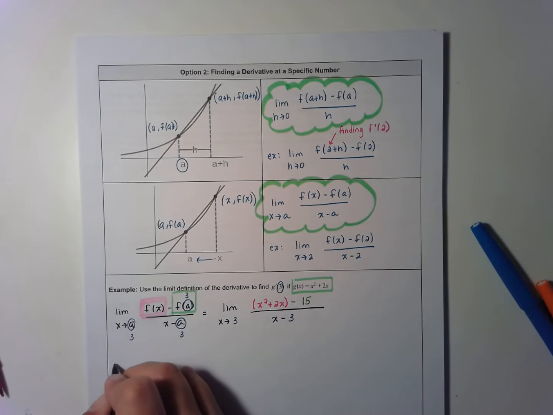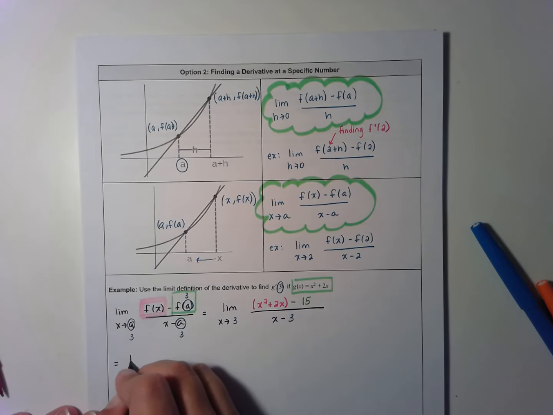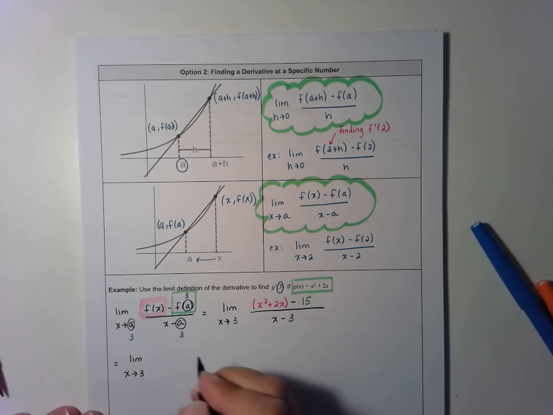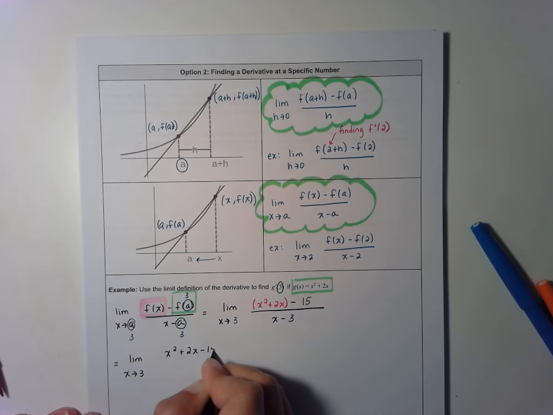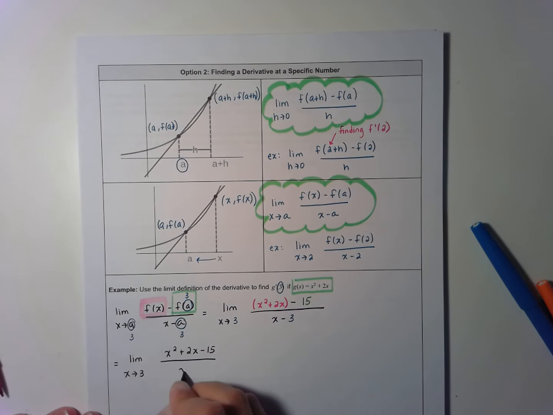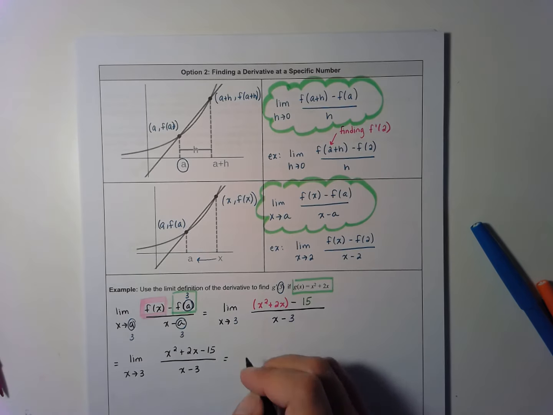Now, again, we're going to need to simplify. If you try to plug in the number 3 right now, you get 0 over 0, which is not an option. And so we are going to simplify this by factoring. So my function here would be x squared plus 2x minus 15. And when we first learned about limits, we said if you see a problem like this and you try plugging in your number, you get 0 over 0, try factoring.